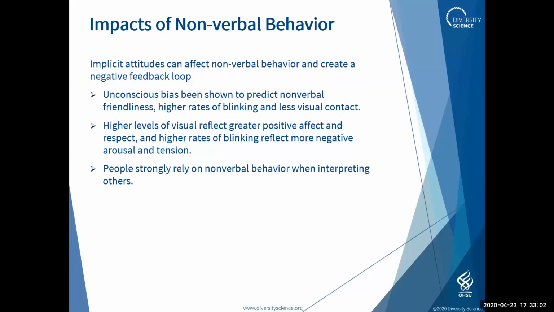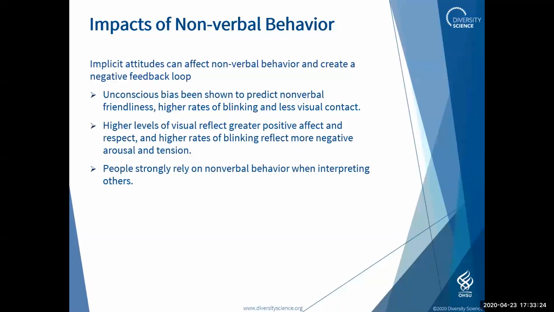So even when we're consciously progressive, egalitarian, maybe the best clinician, provider that you've ever seen, high levels of unconscious bias can predict higher rates of blinking, less visual contact. That is then interpreted, or can be interpreted, in a variety of ways by the person we're interacting with.